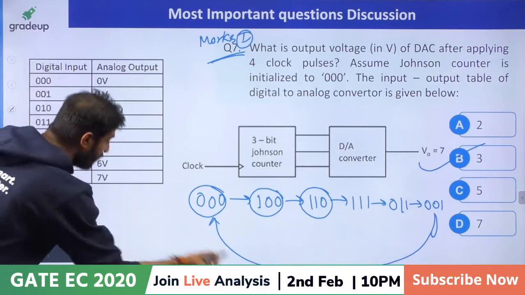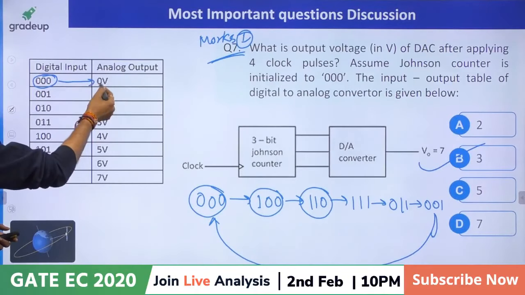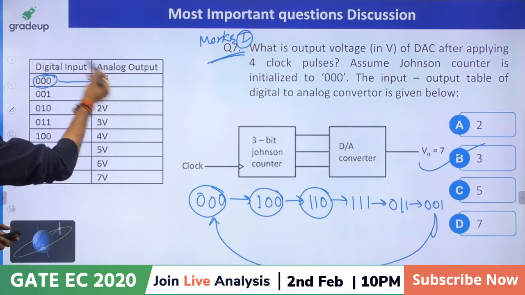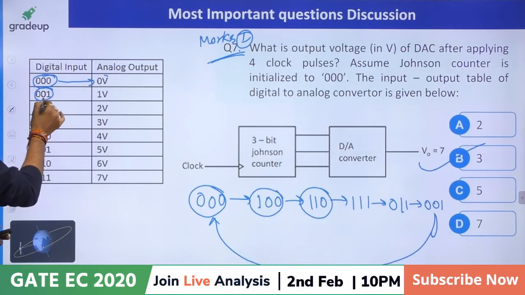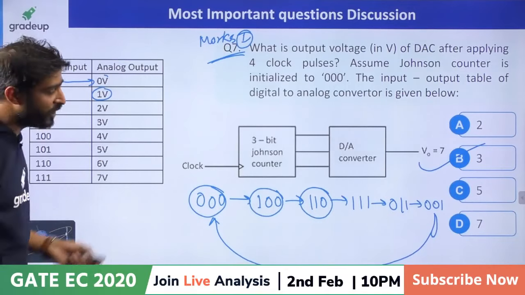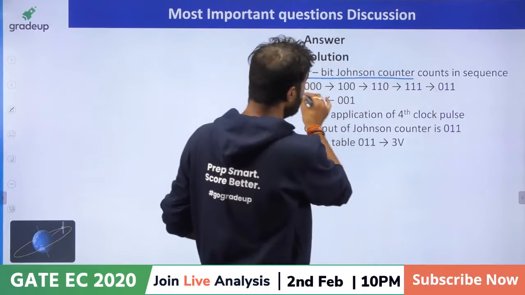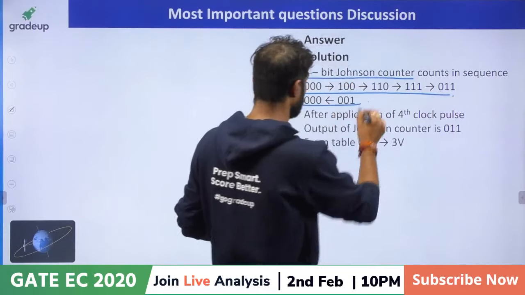If it is given, if the decimal value is this, then the output is, or digital to analog converter will give you the output 0 volt. If the input is 01001, then it will give 1 volt, right? That is a question like this. So my dear friend, if you want to solve this question, first remember that is the 3-bit Johnson counter. So it has a state like this, right? We have already discussed.